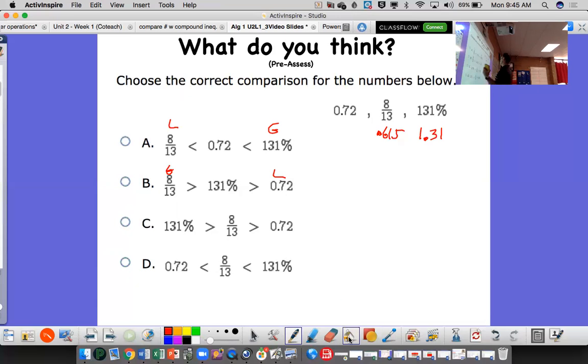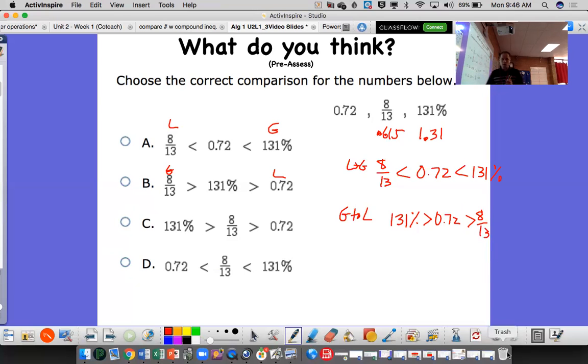So if I wanted to order this from least to greatest, it would be 8 out of 13 is less than 0.72, which is still less than 131%. So that's my least to greatest model. If I wanted to do greatest to least, I would go with the 131% is greater than the 0.72, which is greater than the 8 over 13.